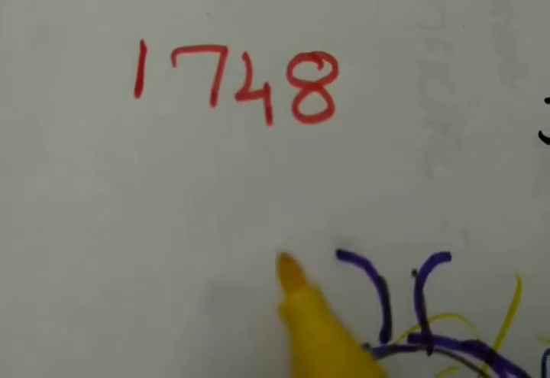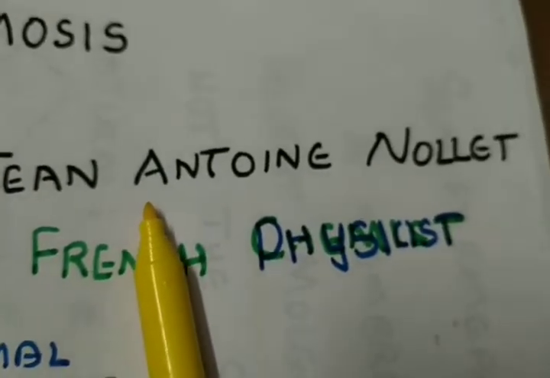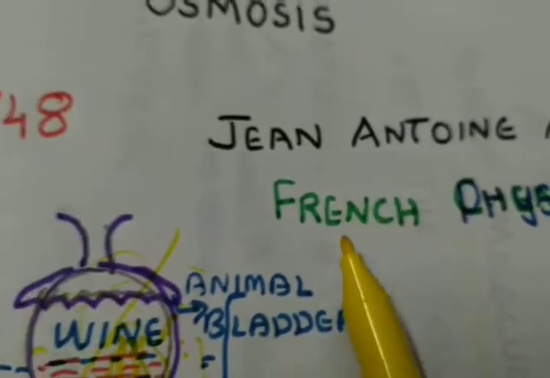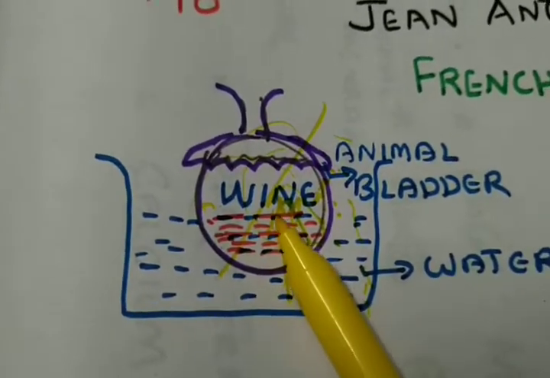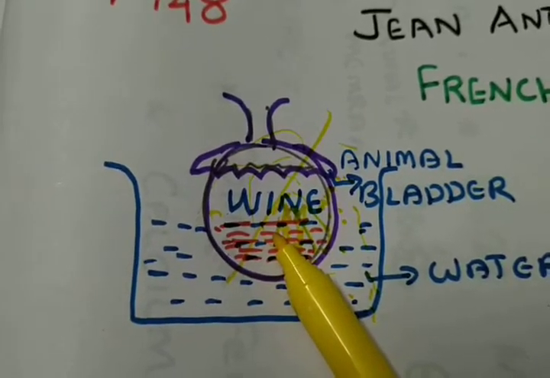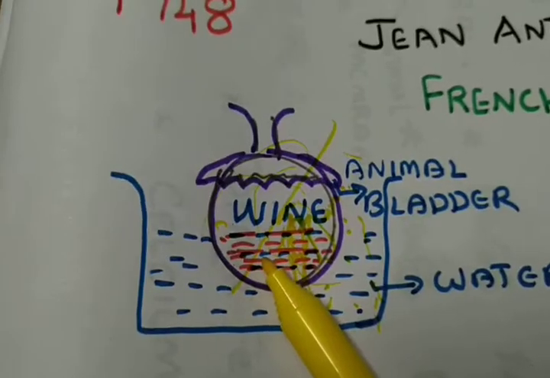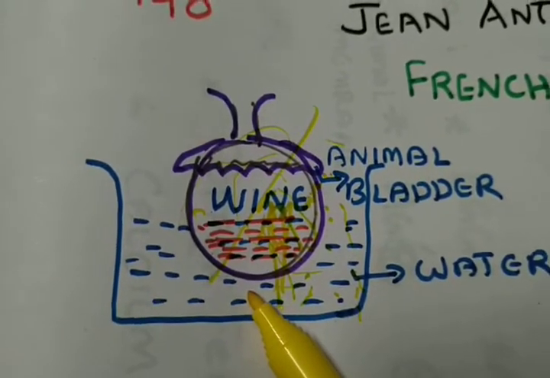In 1748, the French physicist Jean-Antoine Nollet filled a wine solution in an animal bladder, sealed it, and kept it immersed in water.